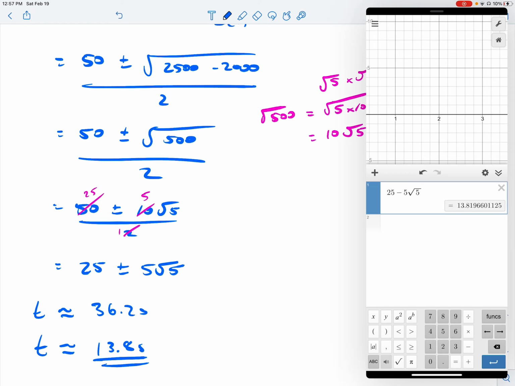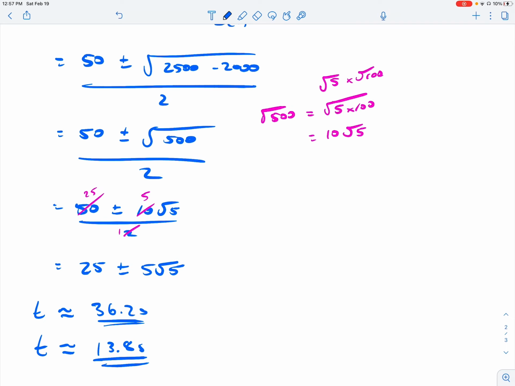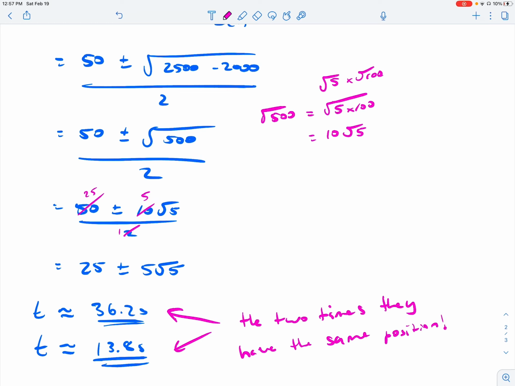So you might say, why are there two times? These are the two times that they have the same position. So mathematically, what this means is the smaller one, that's when Dudley Do Right first catches the robber.